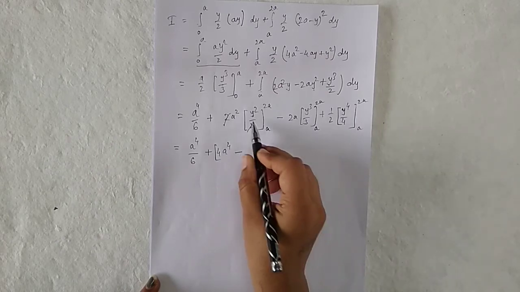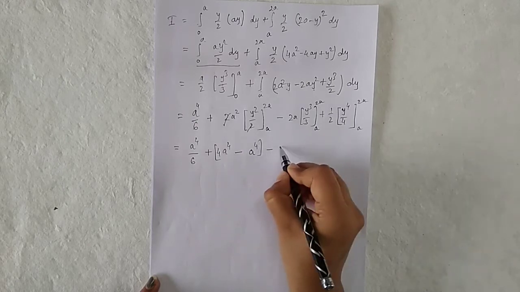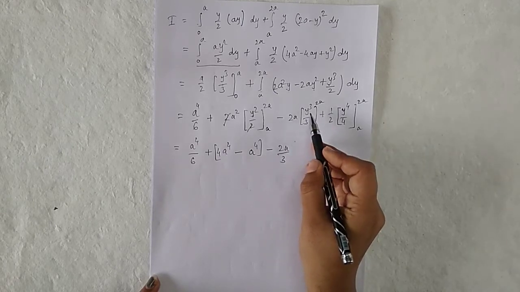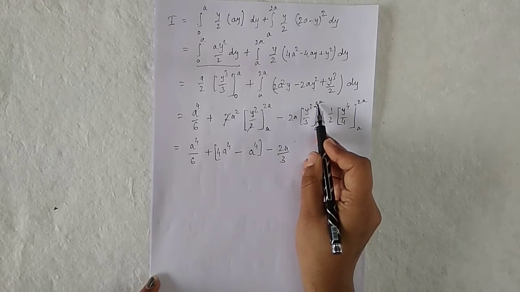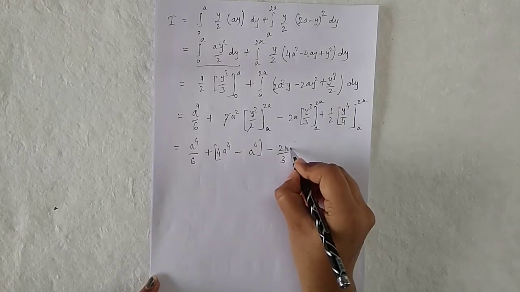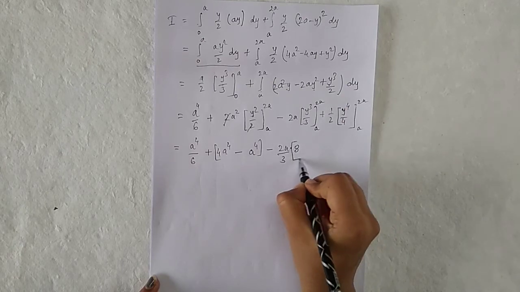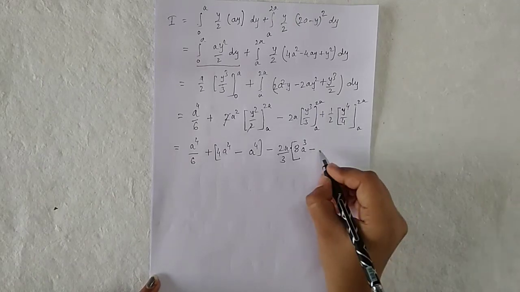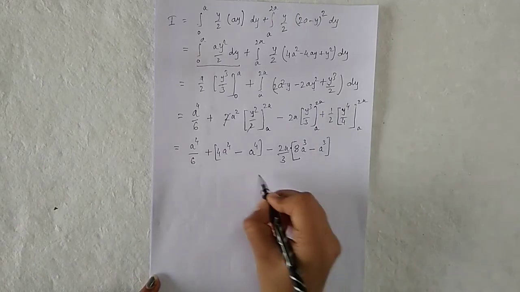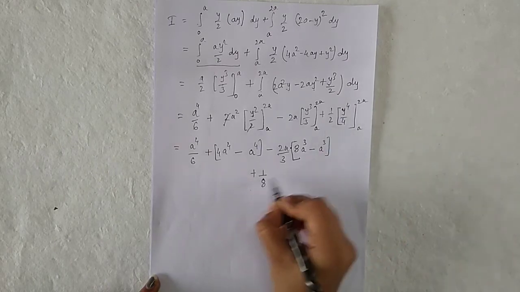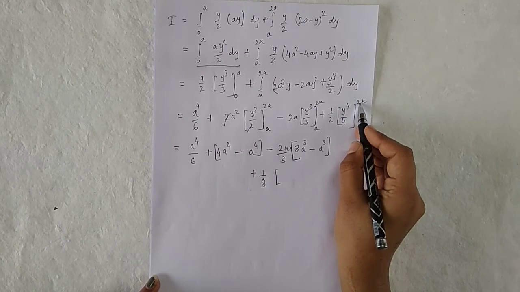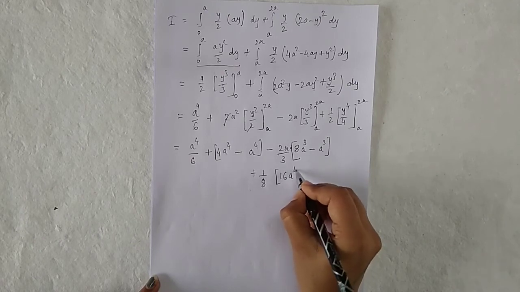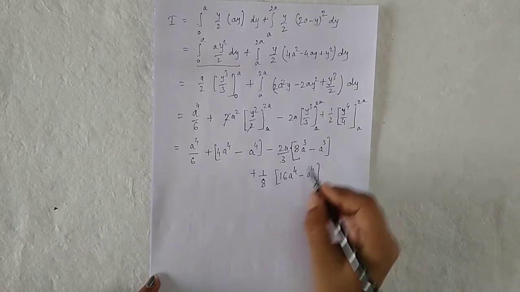When putting y is equal to a, it becomes only a raised to 4, minus 2a by 3; here if we put y is equal to 2a, 8a cube minus, putting a, a cube, plus 1 by 8, put y is equal to 2a, so it becomes 16a raised to 4 minus a raised to 4.